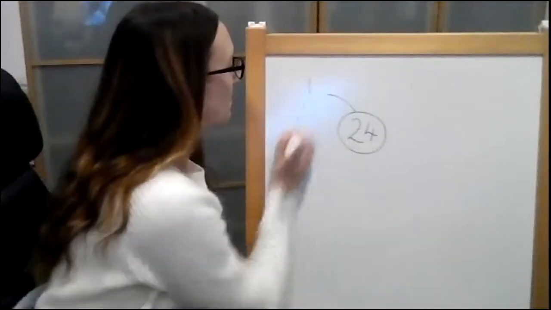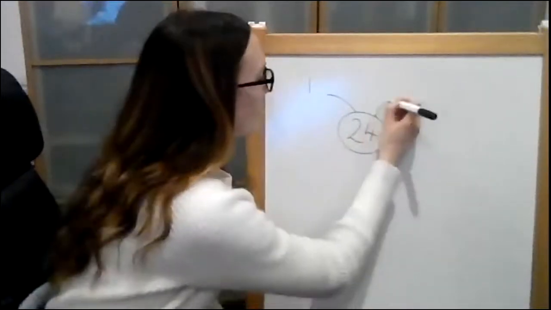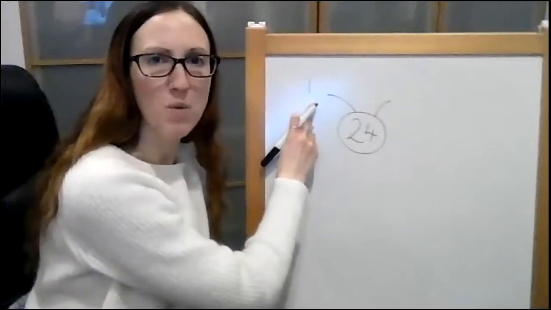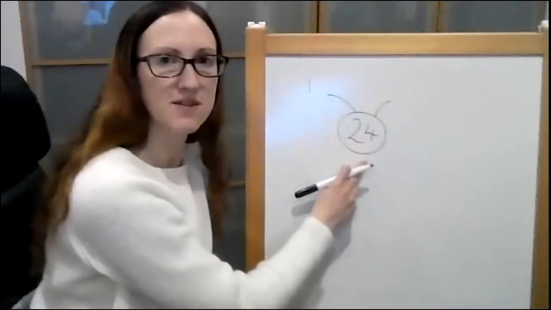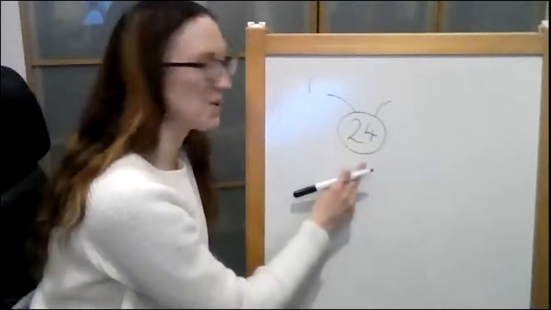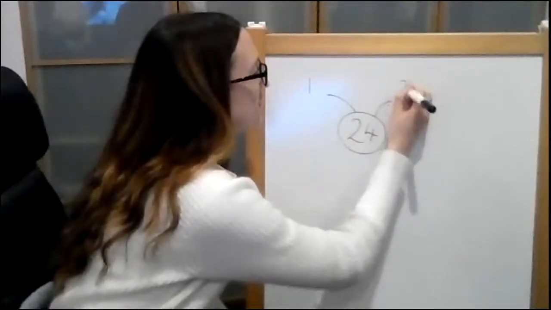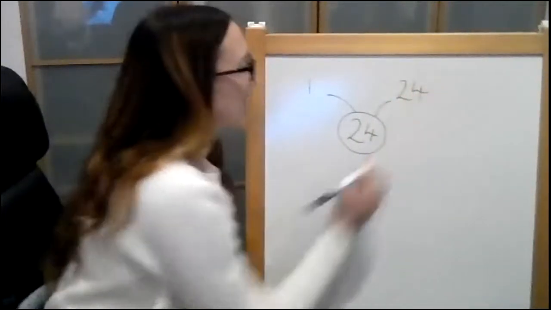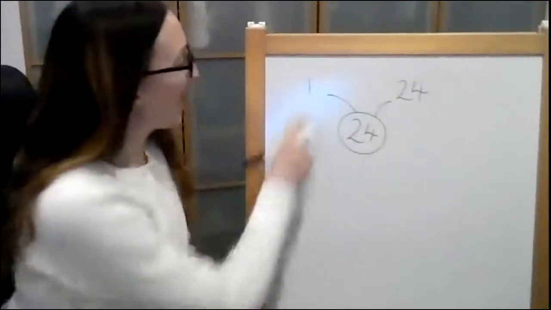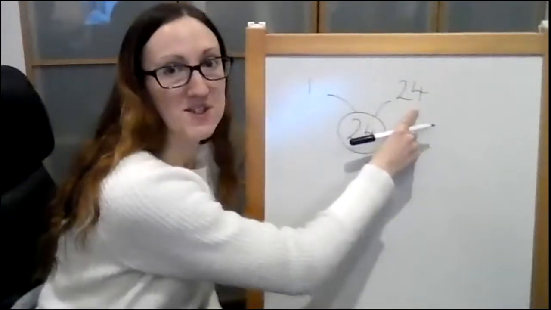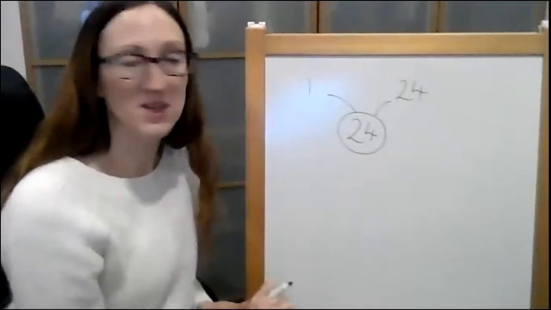So we have 1. I then think, what do I need to multiply 1 by to get 24? 1 times 24. So 1 and 24. Now all numbers have 1 and also themselves as a factor, so that's something to remember too.